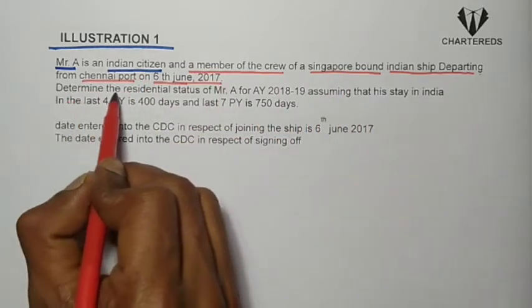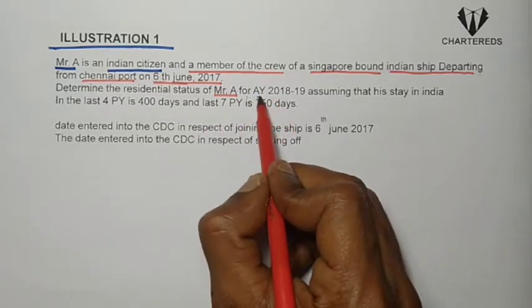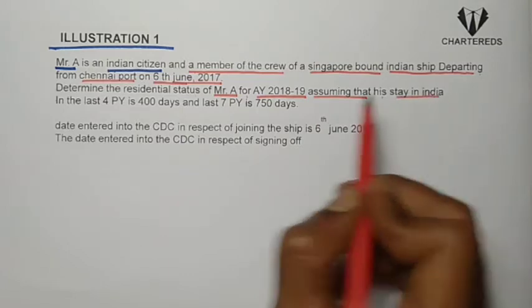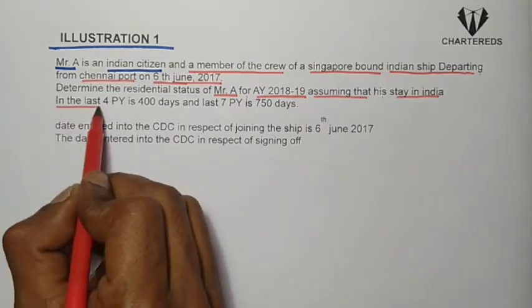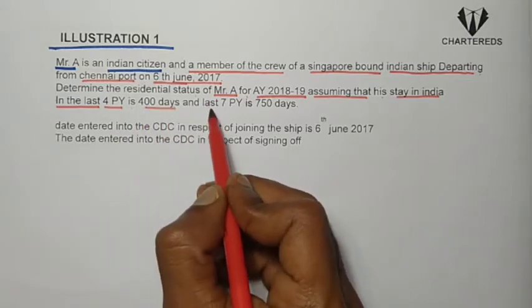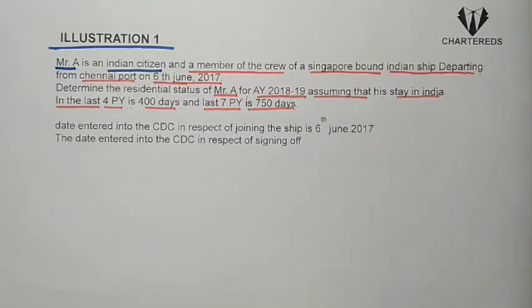Determine the residential status of Mr. A for assessment year 2018-19, assuming that his stay in India in the last 4 previous years is 400 days and in the last 7 previous years is 750 days.